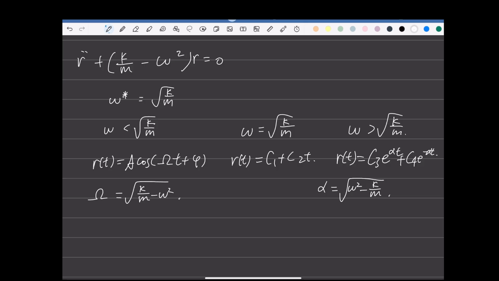And so this is basically when the centrifugal force wins over the spring force, and the mass will continue to move and accelerate outward along the rod radially. And it will eventually fly off the rod.